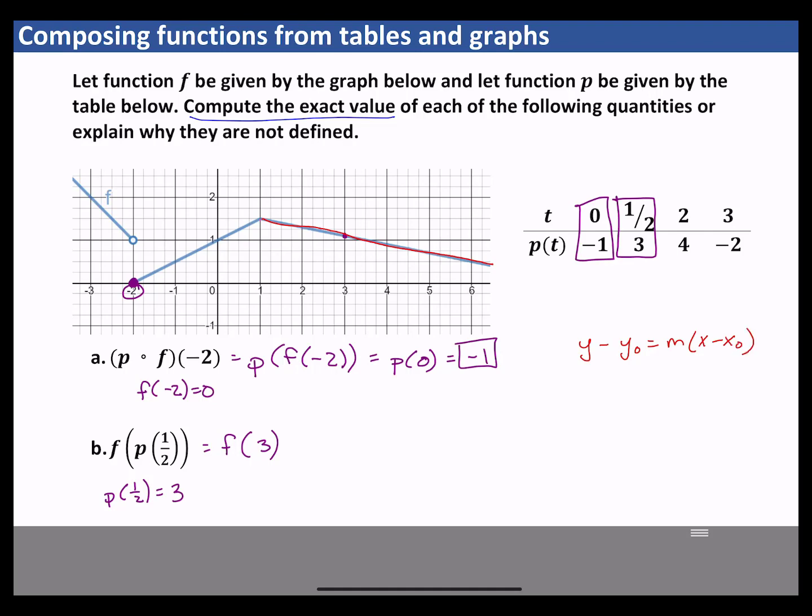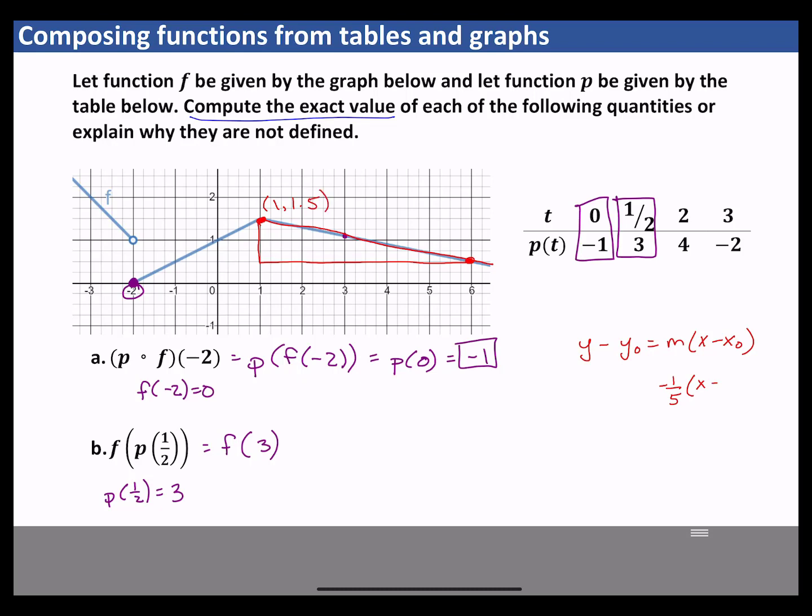If we look at 2 points on this graph, maybe (1, 1.5) and (6, 1/2), we see that the graph falls 1 unit as the input increases by 5. So the slope is -1/5, and we could use this point (1, 1.5).